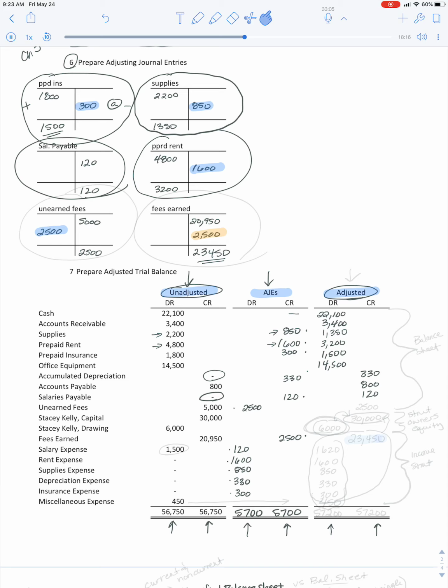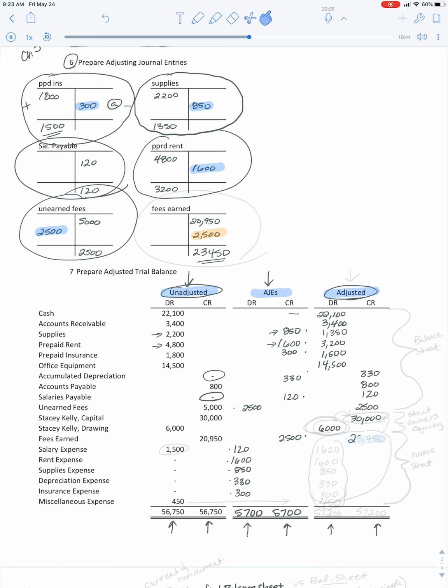On the credit side, we debited it for $2,500, so we still have $2,500 on the credit side. We didn't do anything to capital or drawing, so I'm going to put those just like they were. And then we have fees earned, went to $23,450, just like here.